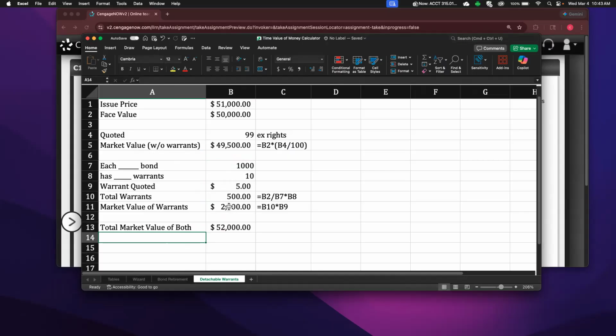So we need to figure out the amount assigned to bonds and the amount assigned to warrants.